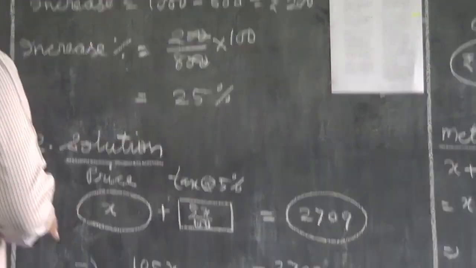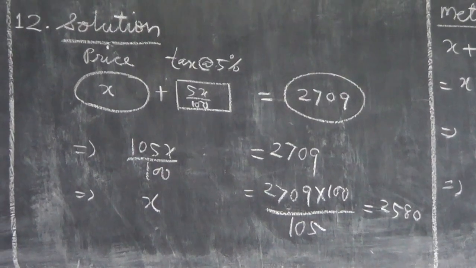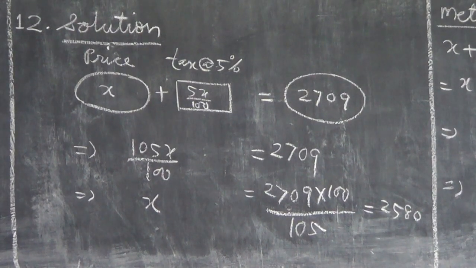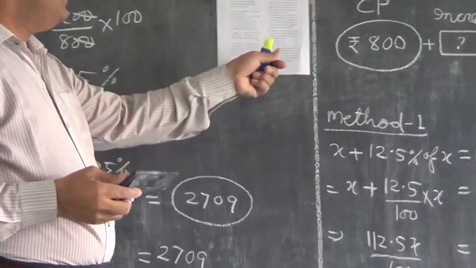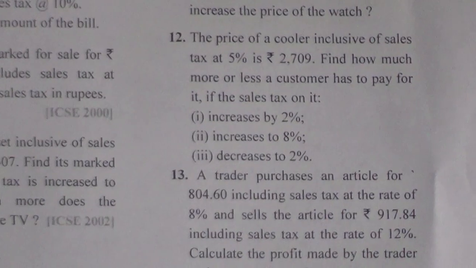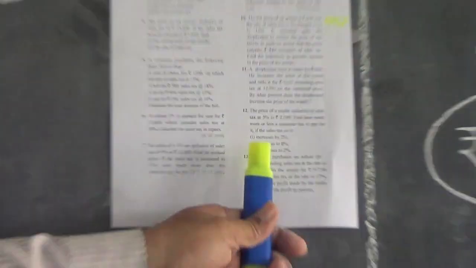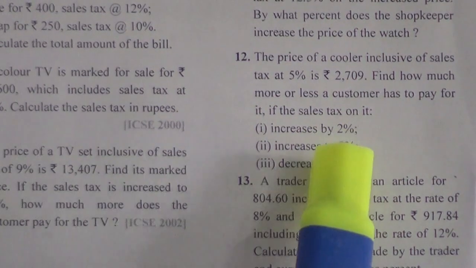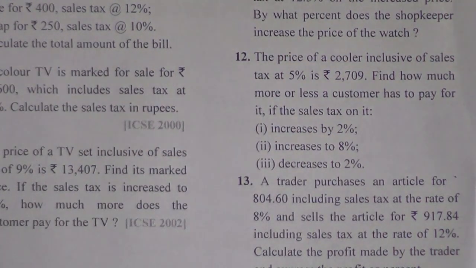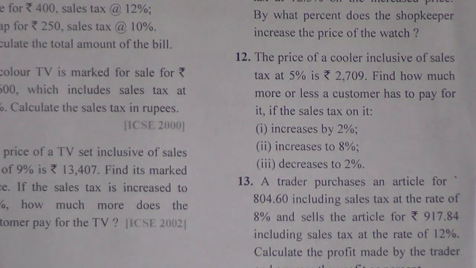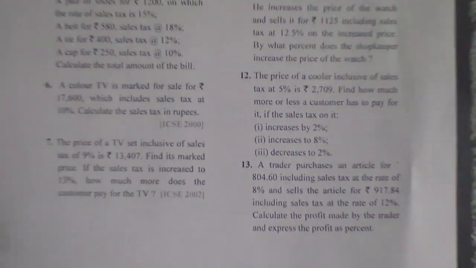Now we will do the first bit. If the sales tax increases by 2%, see here two words are very important: by 2%, and second bit it is asking increases to 8%.